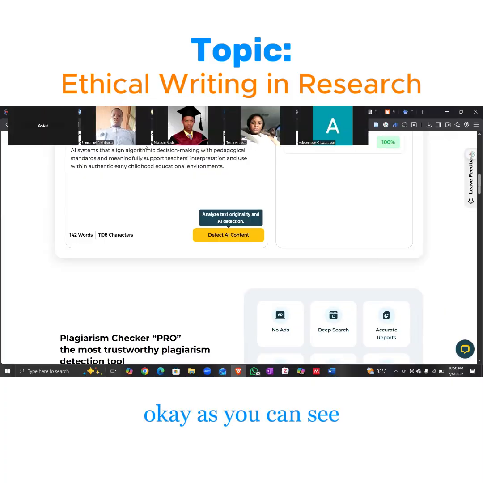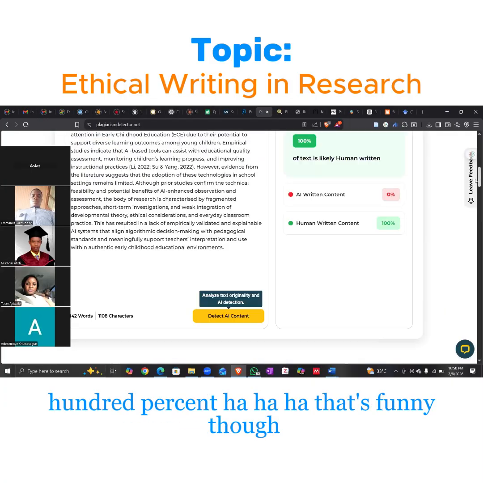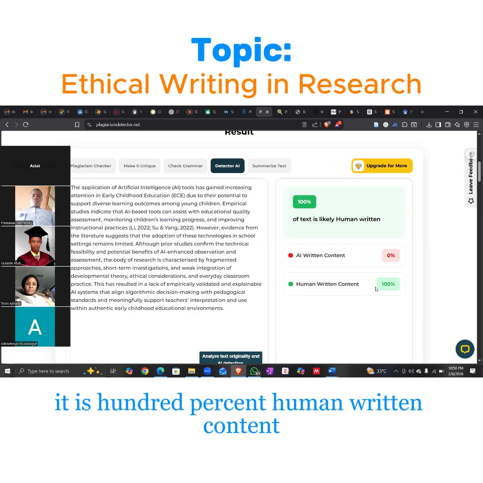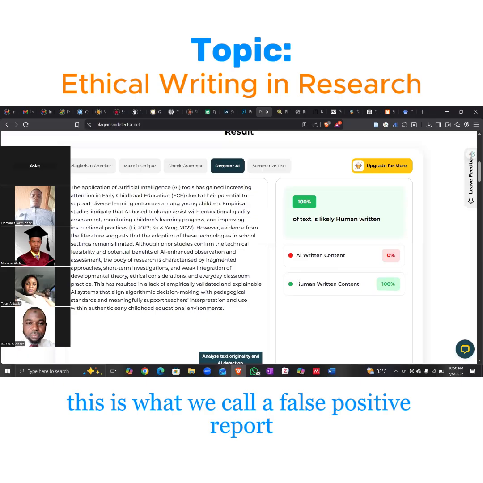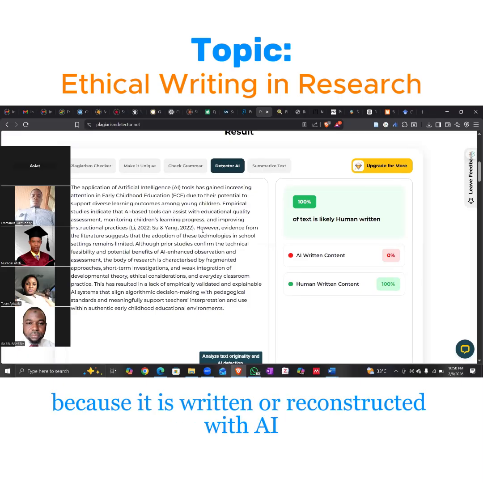Okay, as you can see, the one written with AI says it is 100% human-written content. We've reconstructed this with AI, but it's telling us that it is 100% human-written content. That is a false positive report, because it was reconstructed with AI.